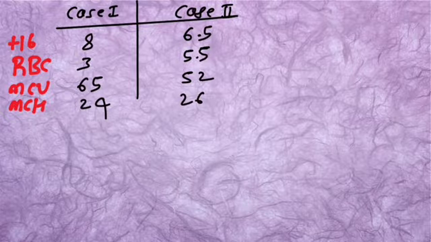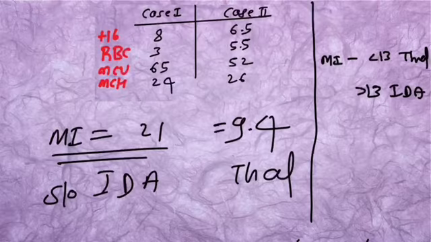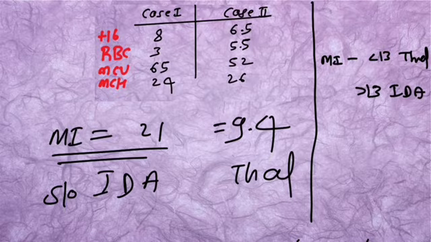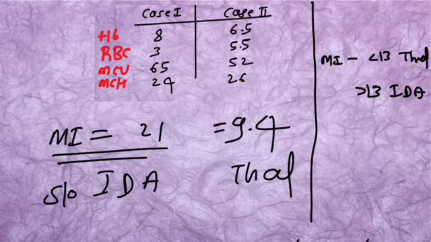So here we need to know the Mentzer index to differentiate whether it is thal trait or iron deficiency anemia. We calculated the Mentzer index in the first case, which came to 21, and in the second case it was 9.4. So Mentzer index less than 13 is suggestive of thalassemia, more than 13 suggestive of IDA.